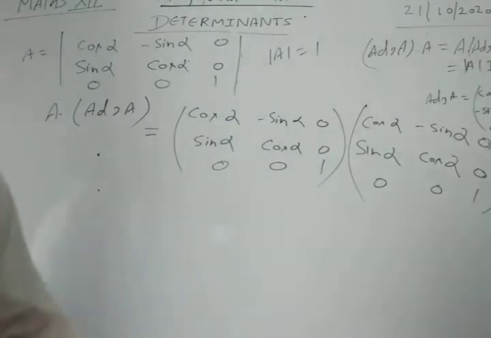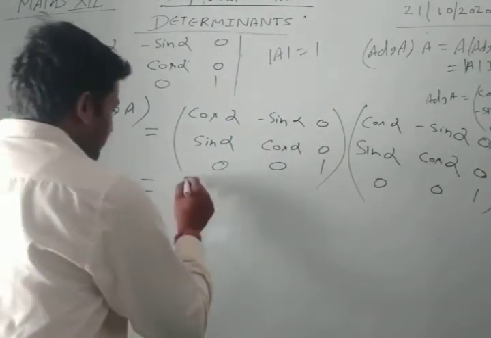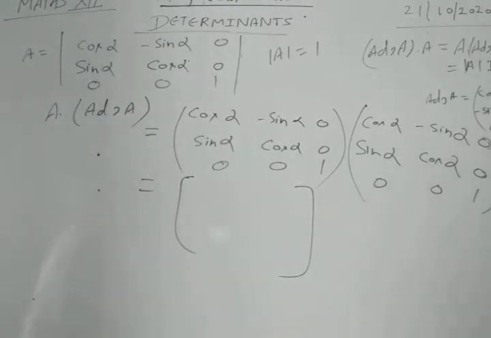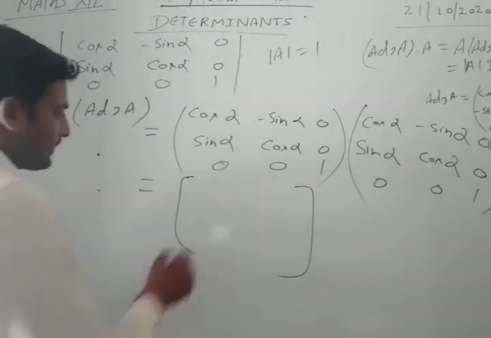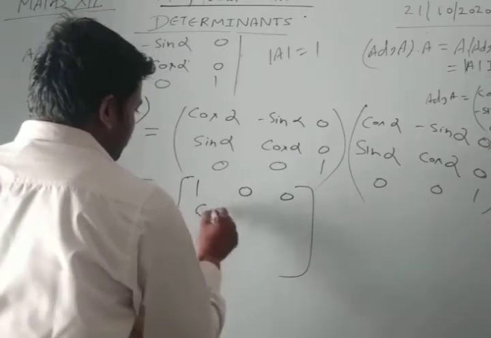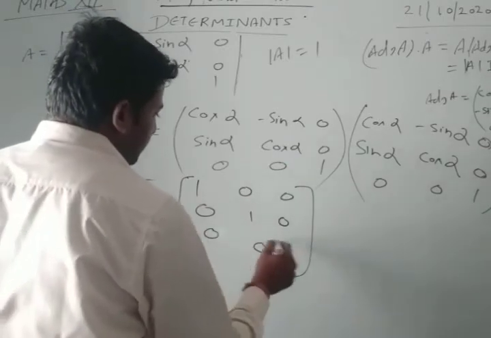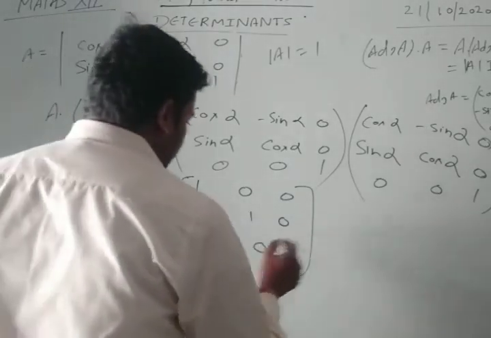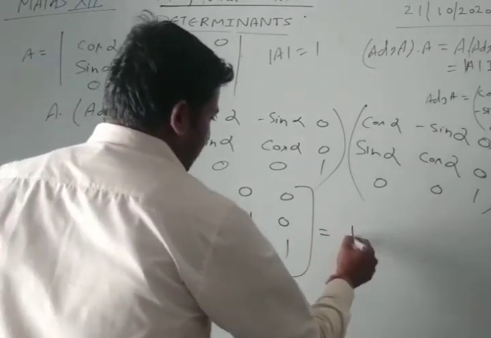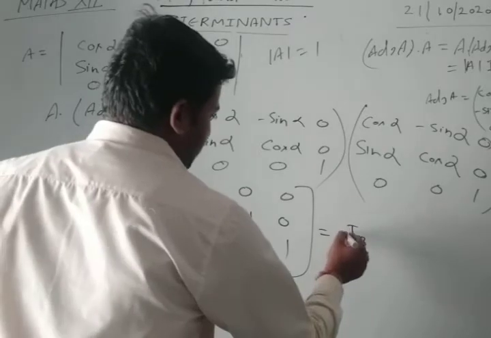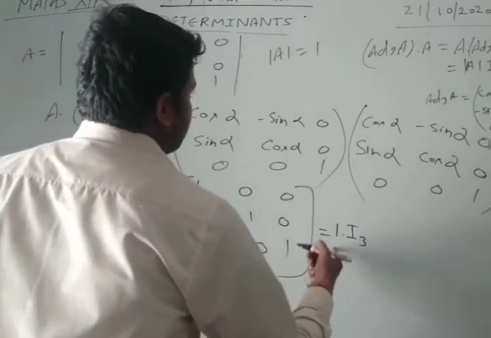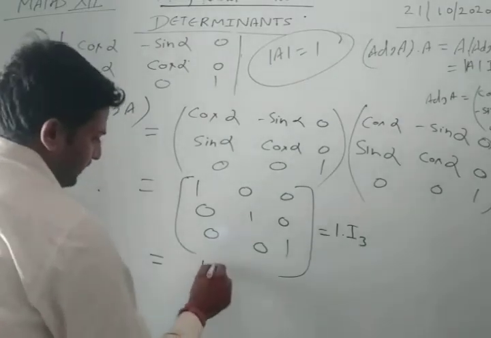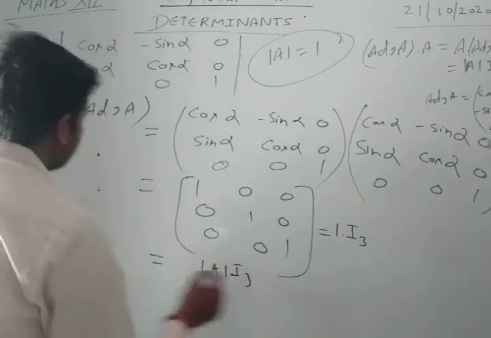Now we will again multiply. After multiplication we again get 1 0 0, 0 1 0, 0 0 1, and this is our I3, and we write it into 1, and our determinant is 1, so we replace it with determinant of A times I3.